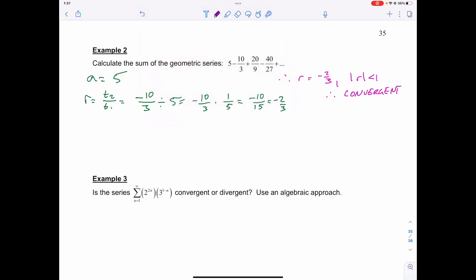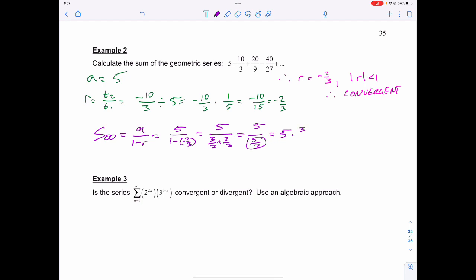So we can say that the infinite sum is equal to a over 1 minus r, which means that it's going to be 5 over 1 minus negative 2 over 3, which is equal to 5 over 3 over 3 plus 2 over 3, or 5 over 5 over 3, which is the same as 5 multiplied by 3 over 5.